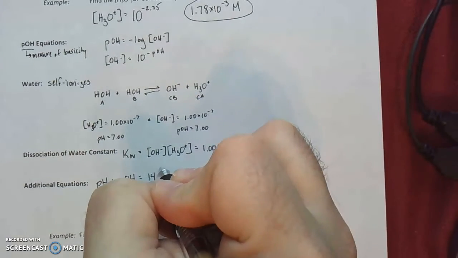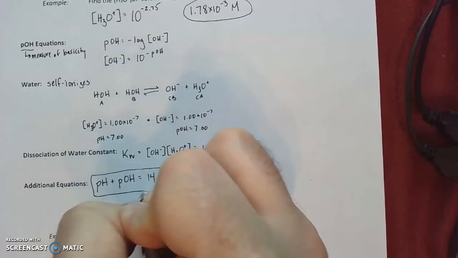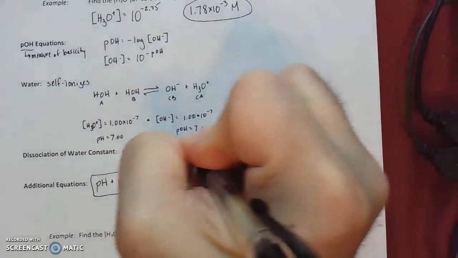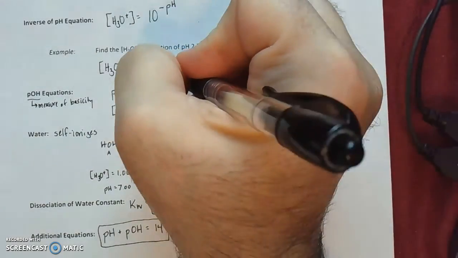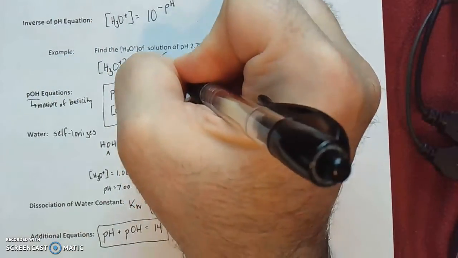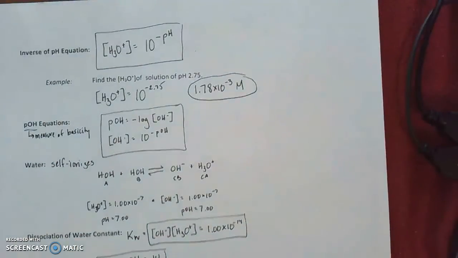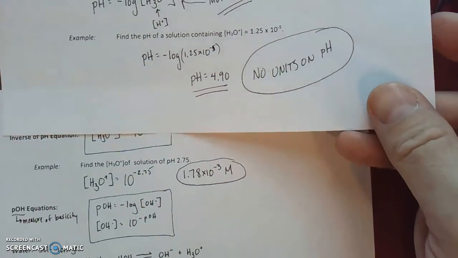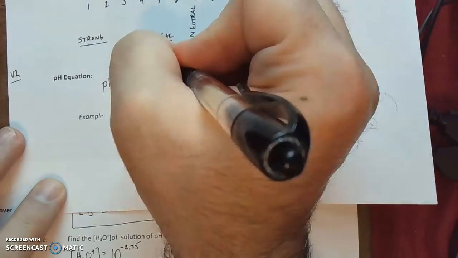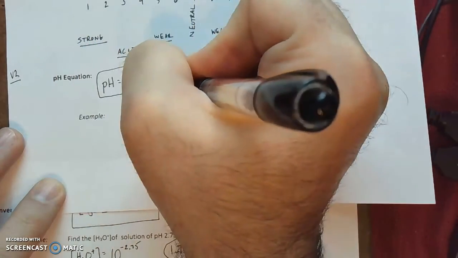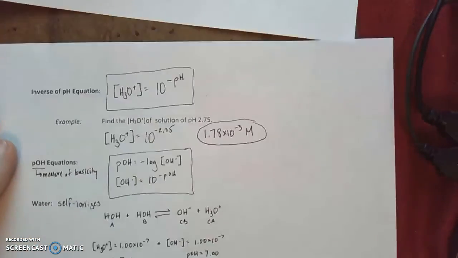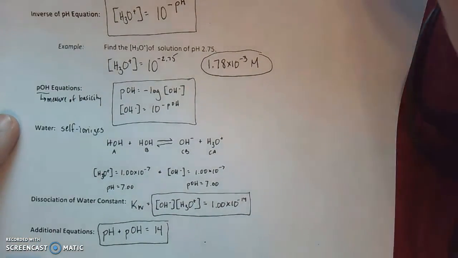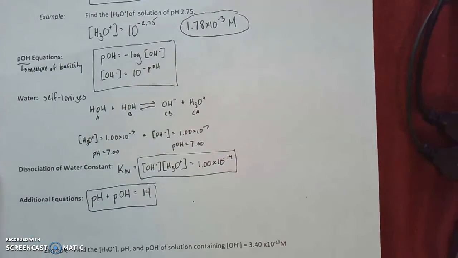So now we have this calculation, we have this calculation, we have these two, we have this one up here on top, and from our previous page we have this one. So we have 6 different equations that we can use when going over problems.